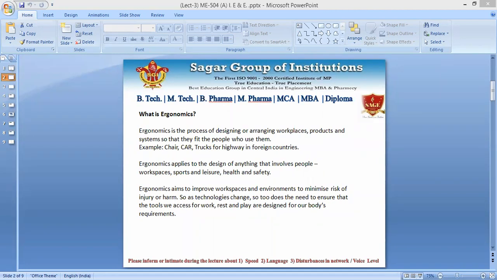Now, increasing the product quality to attain a better level, and improving employee engagement so as to reduce the tensions and frustrations while working, and increase the safety culture in and across the organization.